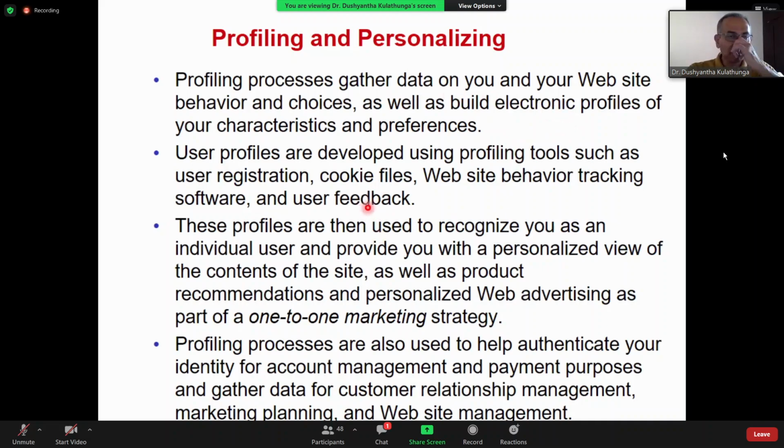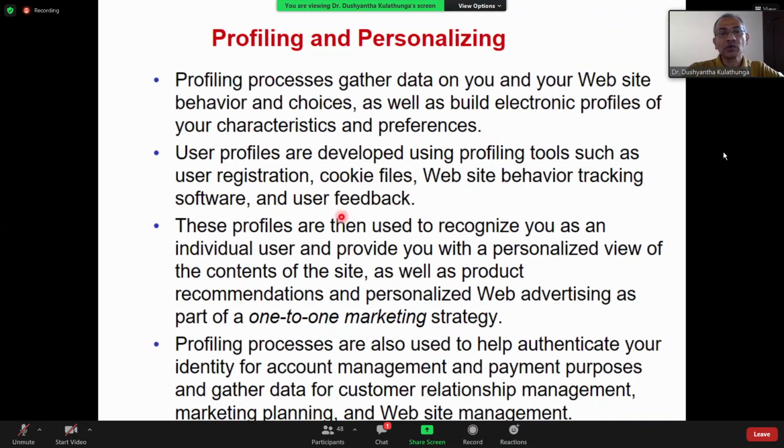But feedback can be obtained in other forms also. You may send a message to the bank regarding the products that you purchased or regarding the service that you receive. So that will be feedback to the organization, and that can also be utilized to get necessary data to build your profile.